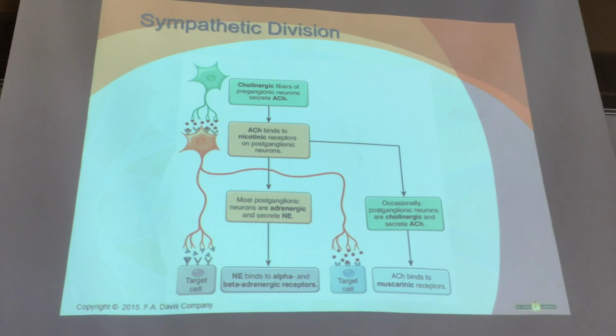Okay? I want you to know that nicotinic and muscarinic respond to cholinergic, which is acetylcholine. Nicotinic will be excited, muscarinic will be variable. And you've got adrenergic, which is norepinephrine.